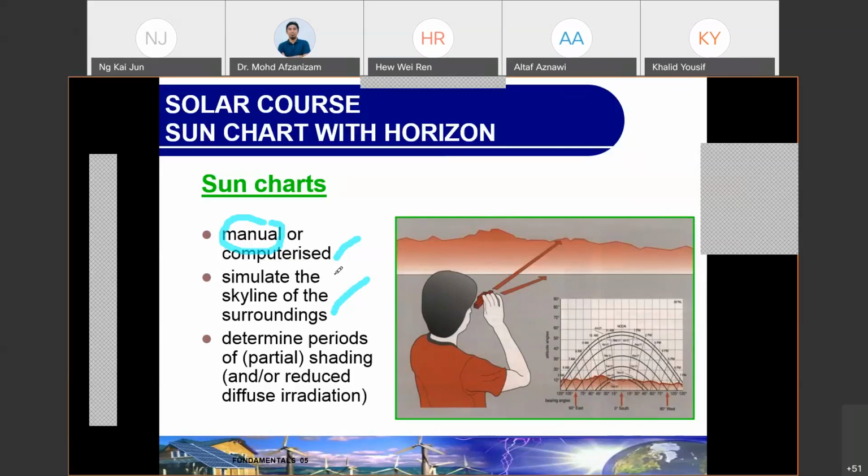This kind of approach is able to examine the place where we want to install the solar module or array, to get the available sun ray at that particular location, to increase the efficiency and output, and to identify the main periods of partial shading. So this is how it is normally done. We will go through it afterward with the actual sun chart.